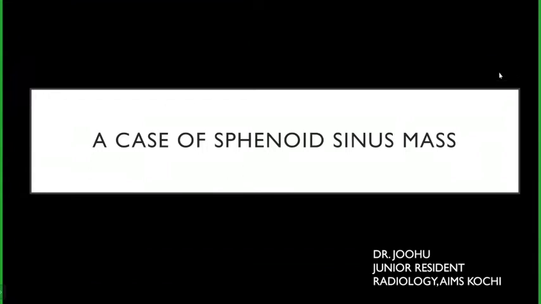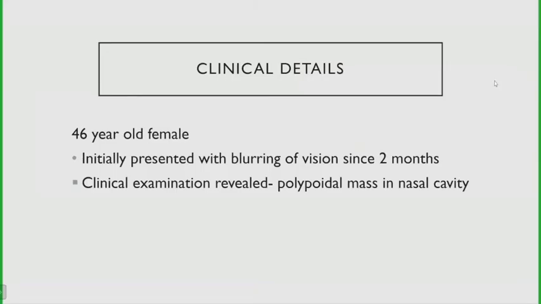Good evening. I'm going to present a case of a sphenoid sinus mass. A 46-year-old female initially presented with blurring of vision for 2 months. Clinical examination revealed a polypoidal mass in the nasal cavity. We did an MRI at our institution.